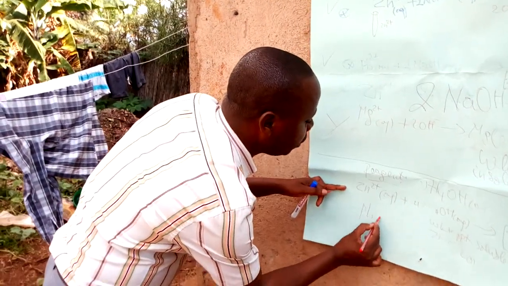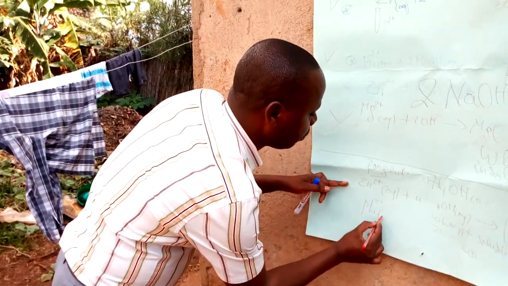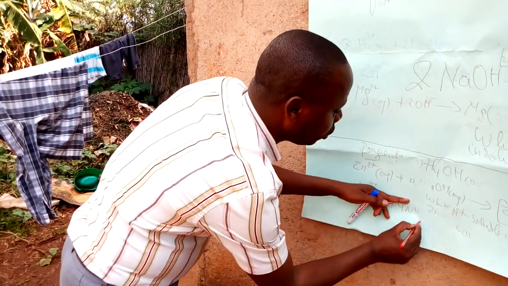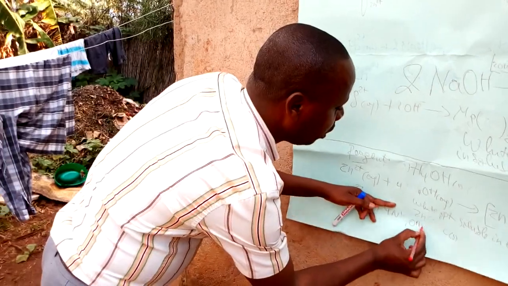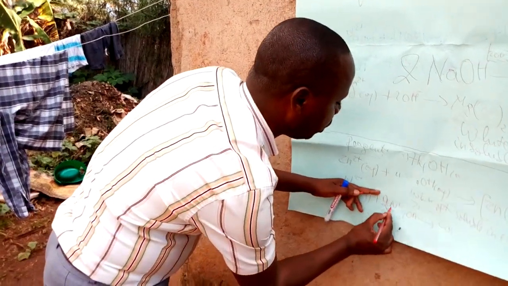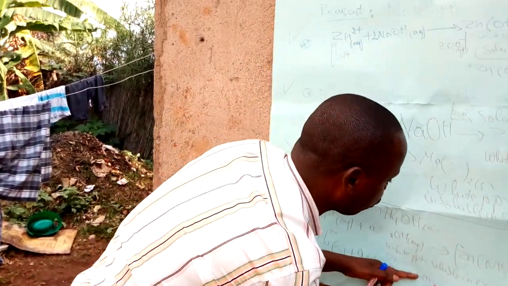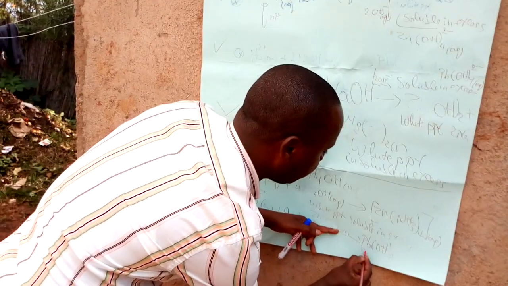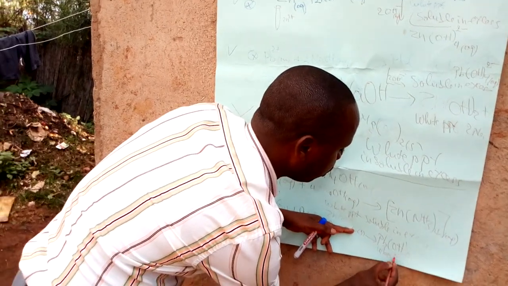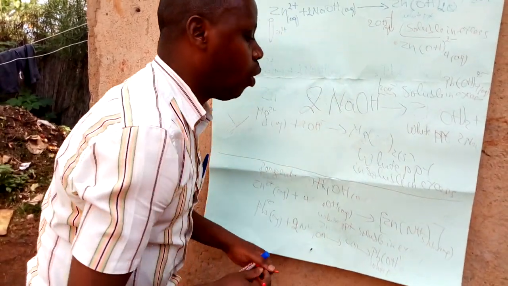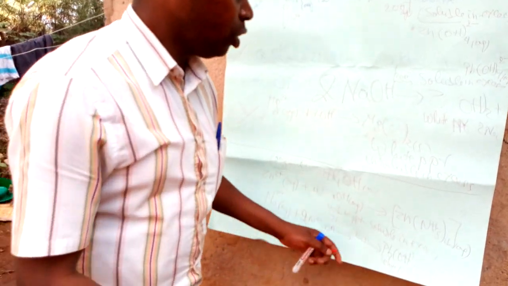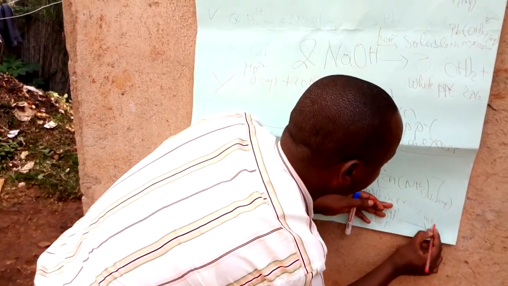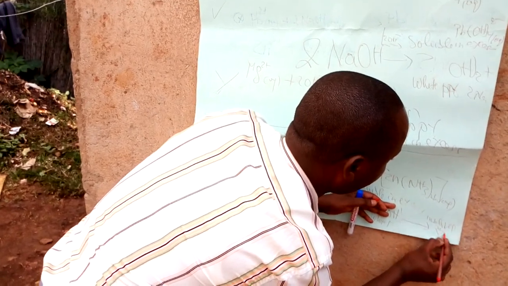With ammonia solution, lead gives lead hydroxide, which is a white precipitate. But this white precipitate is insoluble in excess.